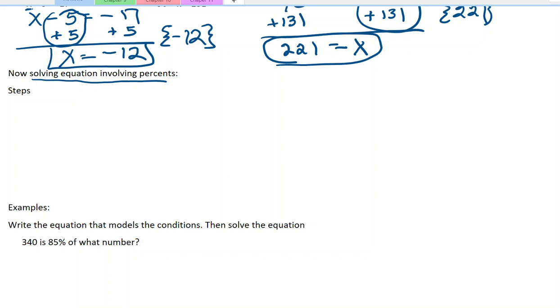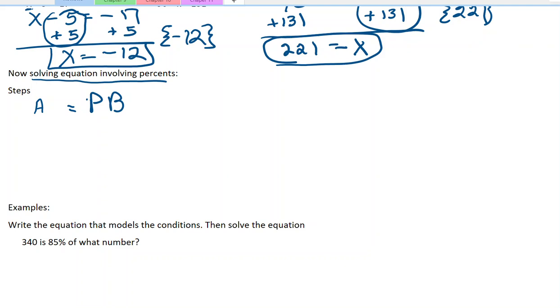So we're going to talk about what's APB? A equals percent of base, PB. Okay, I had to think a moment.